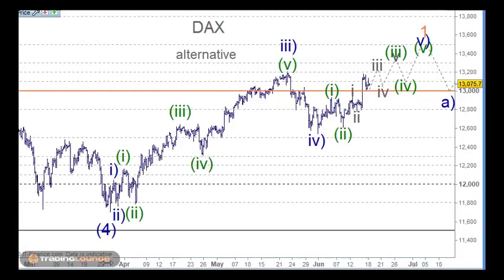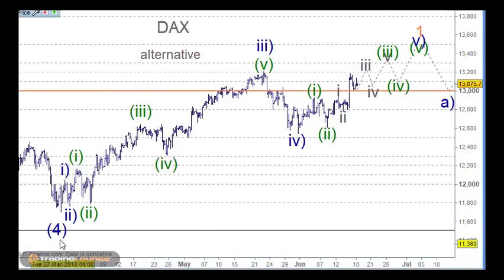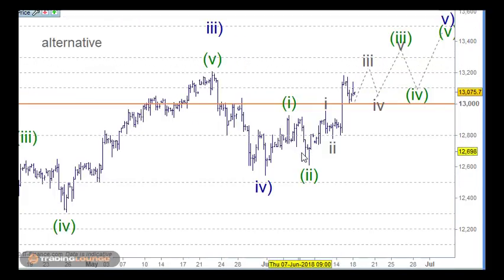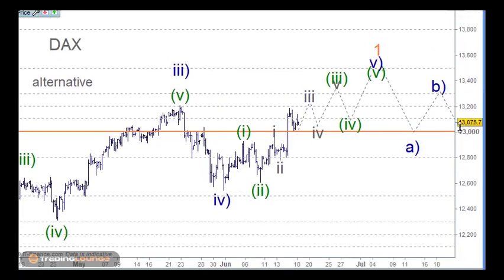This is our alternative count, which is wave 4 low being in place here, wave 1 and 2 here, 1 and 2 and 3 and 4 and 5 waves up for 5 of 3, back for 4 here, then 1 and 2 here, and 1 and 2, and then wave 3 here, wave 4, wave 5, and wave 4. So basically building to the upside for wave 1 up here.